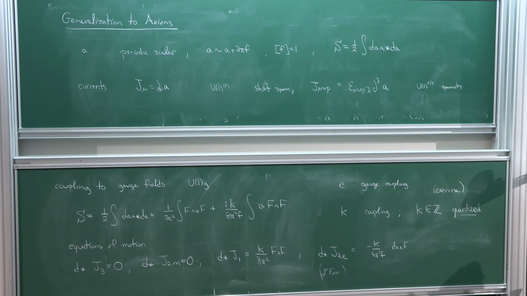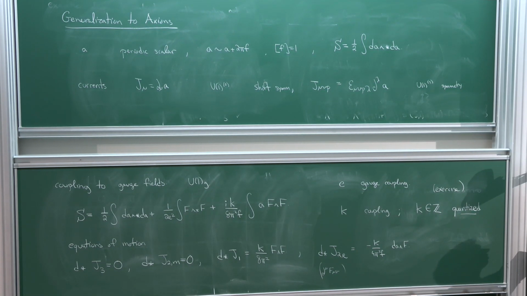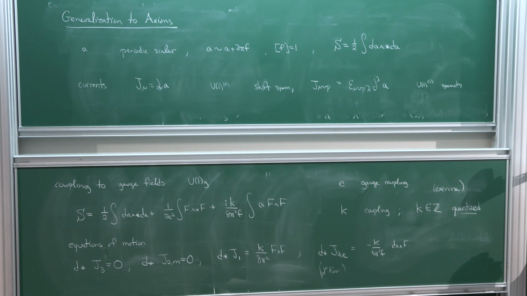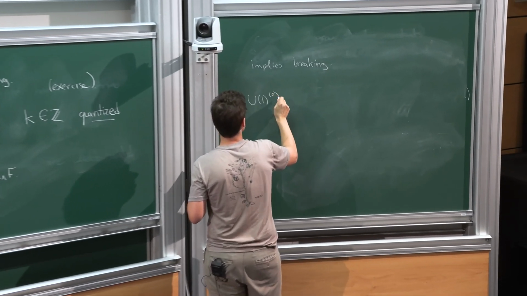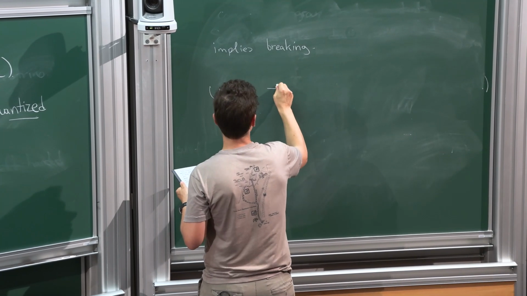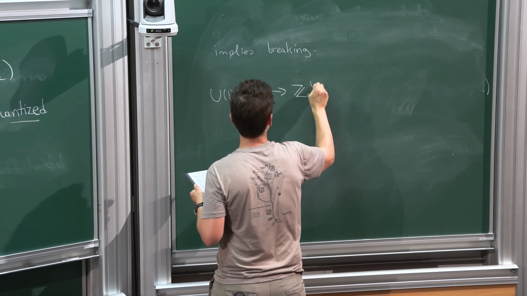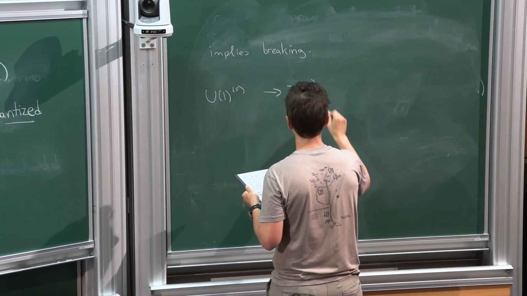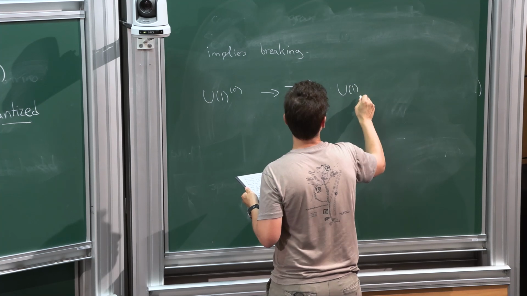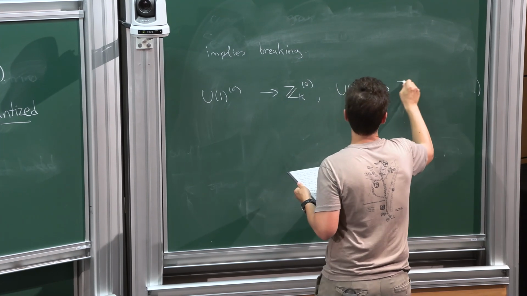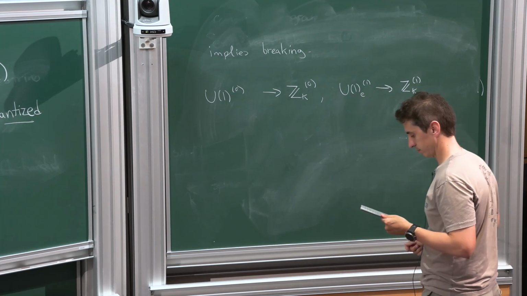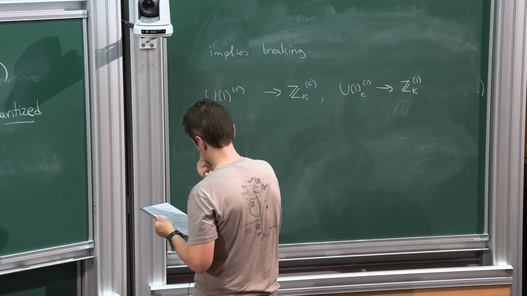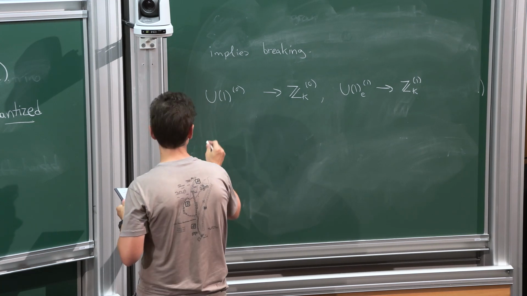Okay. So this implies various symmetry breakings. So what's the breaking? So the U1 0-form symmetry, that was the axion shift symmetry, is broken to Zk 0-form. And the U1 electric 1-form symmetry is broken to a Zk 1-form electric symmetry. Remember, k is quantized.